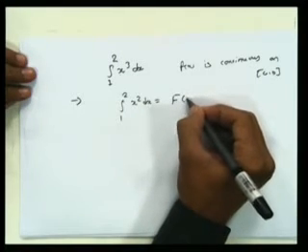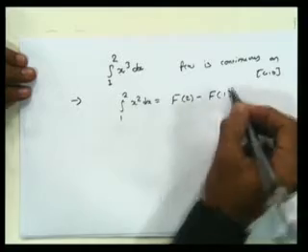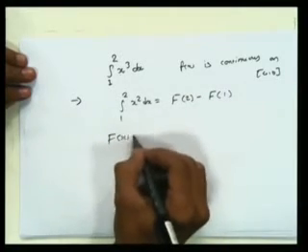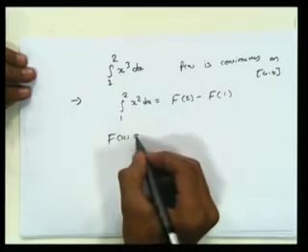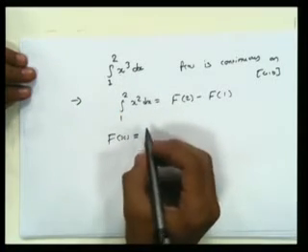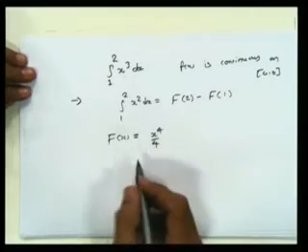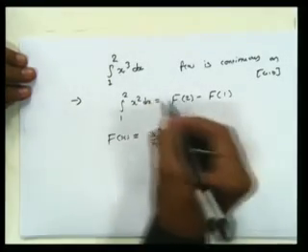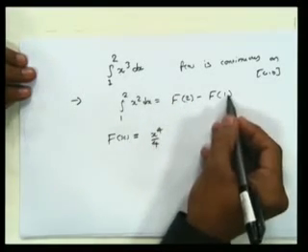Capital F of b means here capital F of 2, and capital F of a means capital F of 1. Now the question is, what is the capital F of x? That means, what is an antiderivative of this x cube? Antiderivative means integration. So the integration of this function is nothing but x raised to 4 by 4. So we have capital F of x, and we can find the answer of this integration by finding capital F of 2 minus capital F of 1.